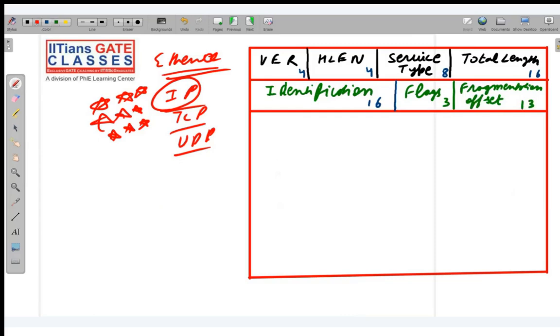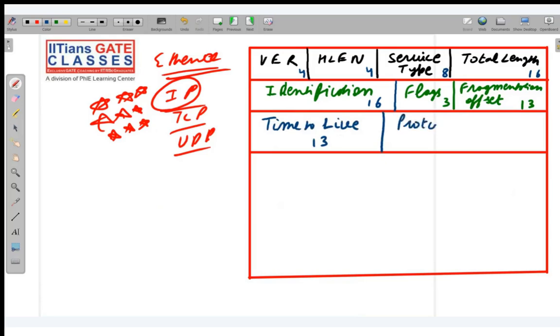Next, TTL, time to live field. Then protocol field, it is of 8 bits. Then we have header checksum, it is of 16 bits.